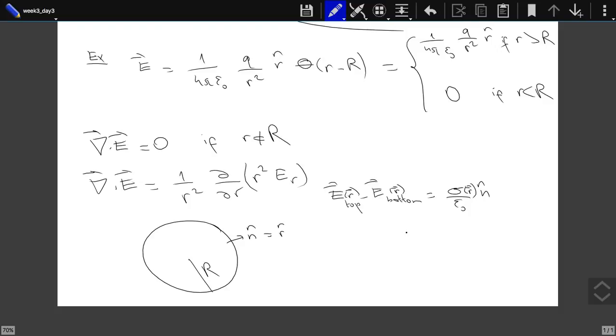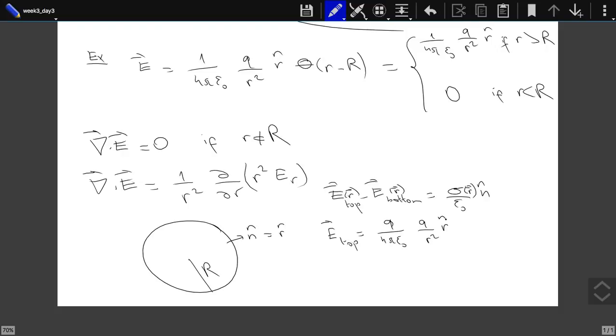So as I approach this point from this region, the electric field at the top is equal to 1 over 4 pi epsilon 0, q over r squared in the r hat direction. This is the top, because in this region, small r is larger than capital R. So in that region, that is my electric field.